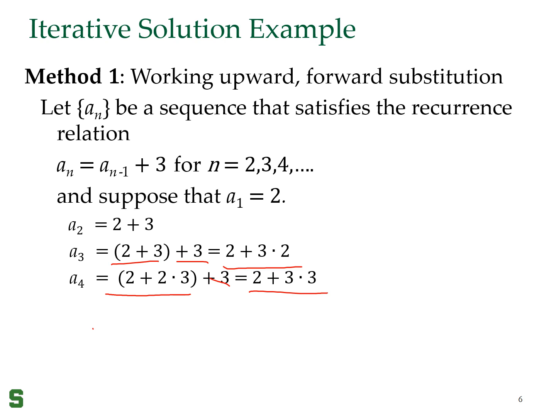And so I can see that there is some sort of pattern going on here. I have a 2 plus something, and then 3 times something, and this term here is 1 less than the number for which I'm finding the term. So for the fourth term this number is 3, for the third term this number is 2, and so on.